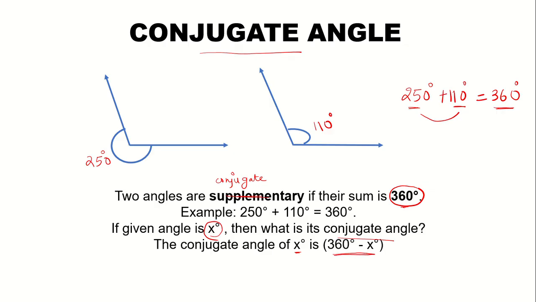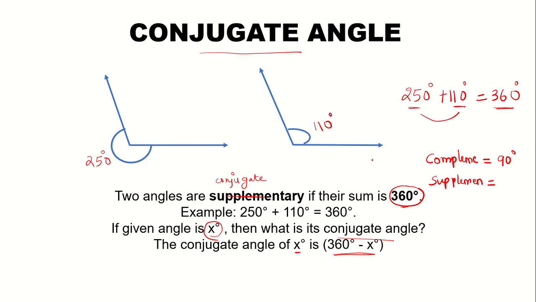Okay. So we have discussed three types of pairs of angle. The very first one was complementary angle. So what is complementary angle? Two angles whose sum is how much? Yeah, 90 degrees. Next, supplementary angle. What is supplementary angle?